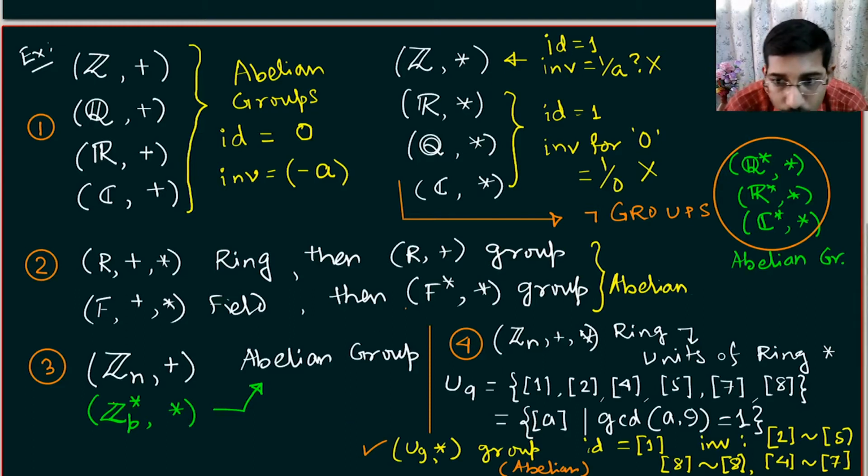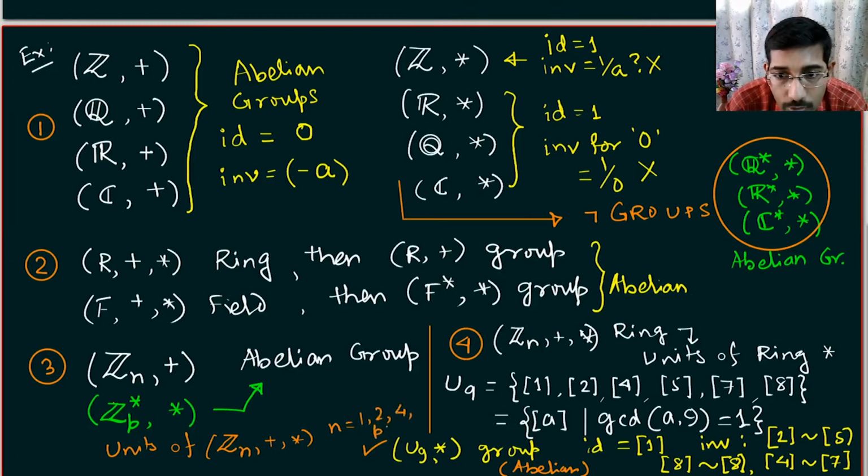And if you are more curious about which units form a group, in general I can give you the formula: the units of Zn, plus, star, form a group where n is equal to 1, 2, 4, p to the power a, or 2 p to the power e.